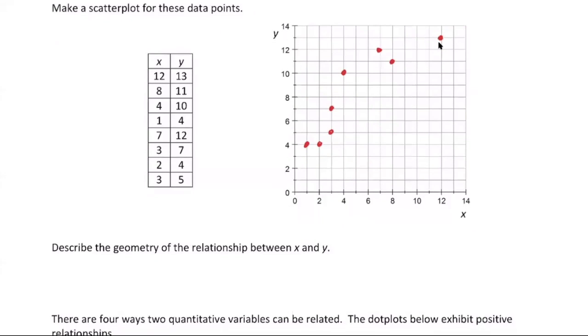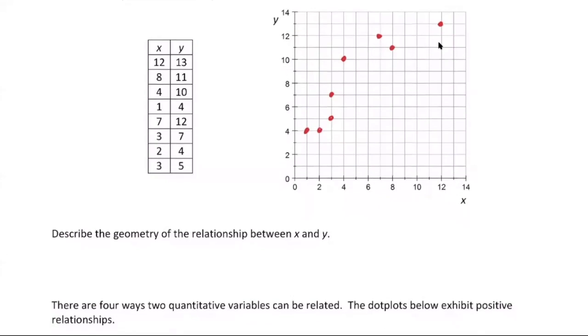When it says to describe the geometry of the relationship between the variables, I would say that as x is increasing, y goes up as well. Okay, can you see that? It doesn't, not in every case, okay?